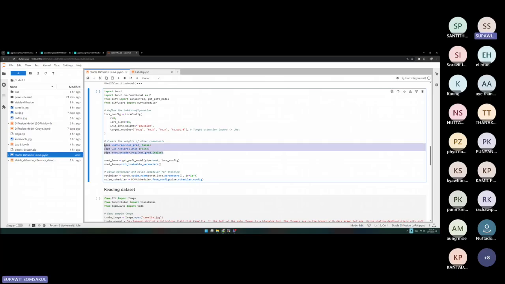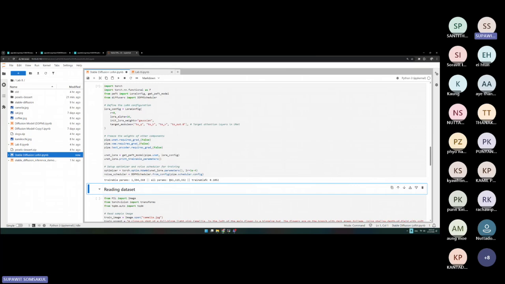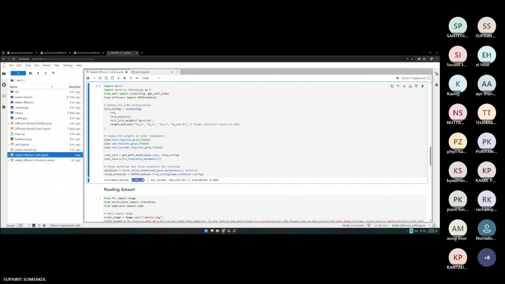By setting this, during the backpropagation process, the weights of these modules will not be updated. And then we attach the LoRA adapter to the model. So you can see that out of 800 million parameters, we are going to train just 1.5, 1.6 million of them, which is less than 1%.